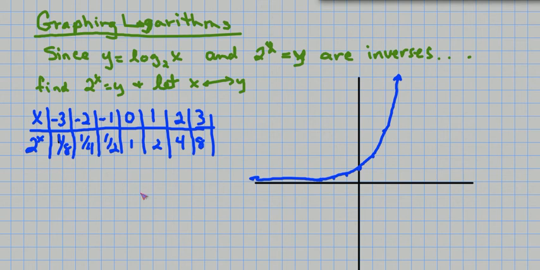So we're going to take each of these and flip them. Now when x is equal to 1/8, y is going to be negative 3. So we're going to be way down here and very close to the y-axis. When x is 1/4, y is negative 2.